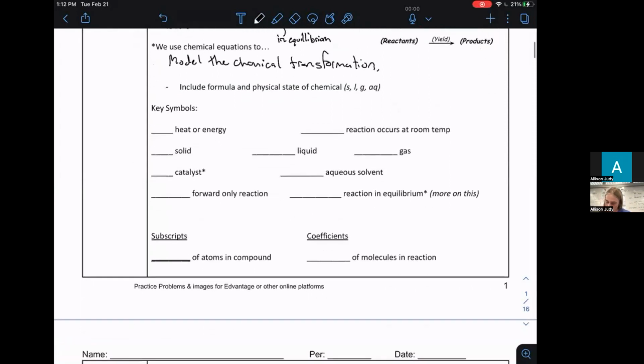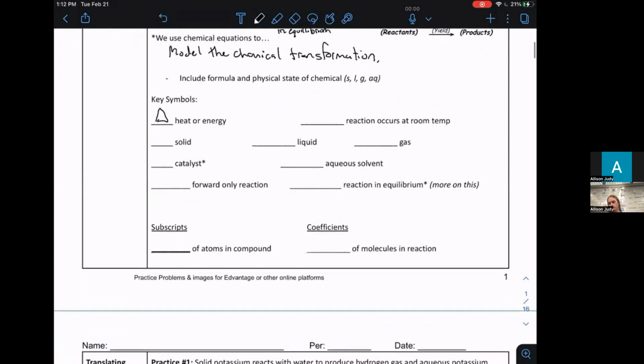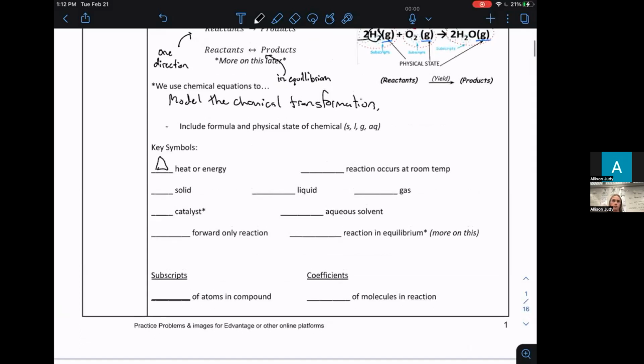So some of the symbols that are used, you'll see a triangle like that, or a delta sign. Sometimes that's used as change. In a chemical reaction, you'll often see it represent heat or energy being either produced or consumed.